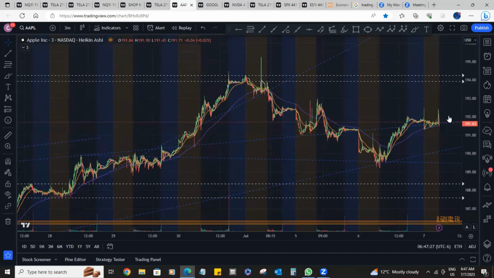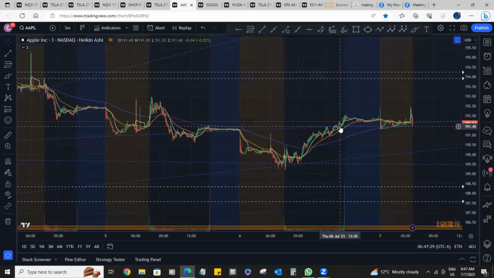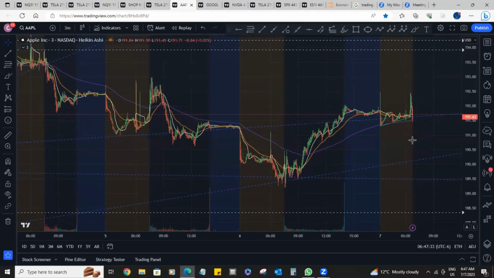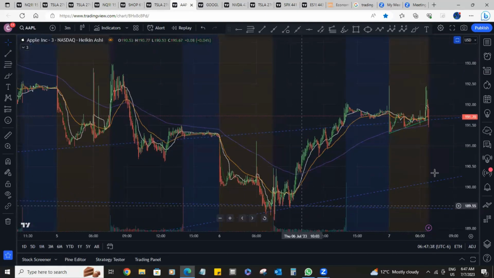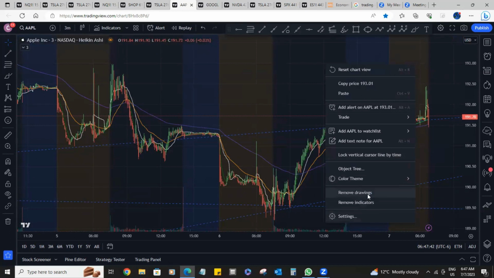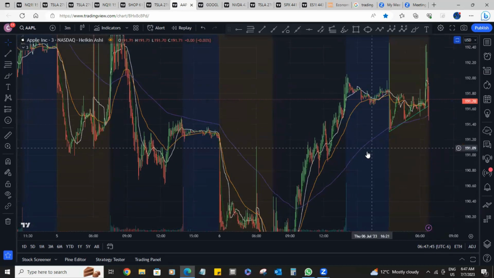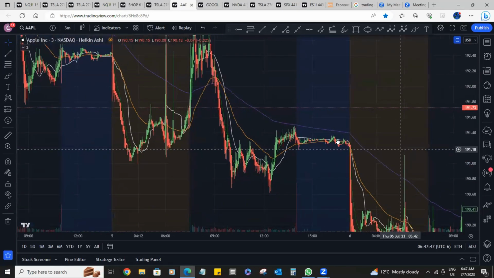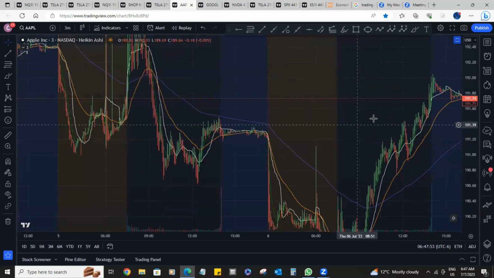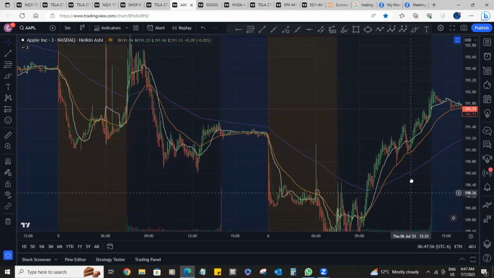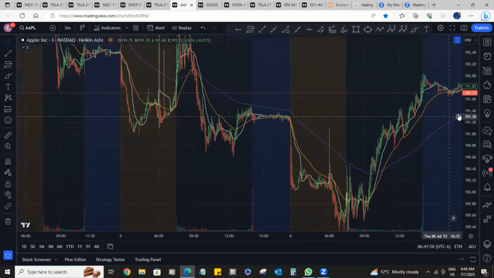Okay, so let's kind of zoom in here. This is probably a very good one. You see all the trend lines and stuff I've had drawn, watching for previous breaks, and waiting to see if I get something in the future, but I'll remove them. Let's just look for a break here.